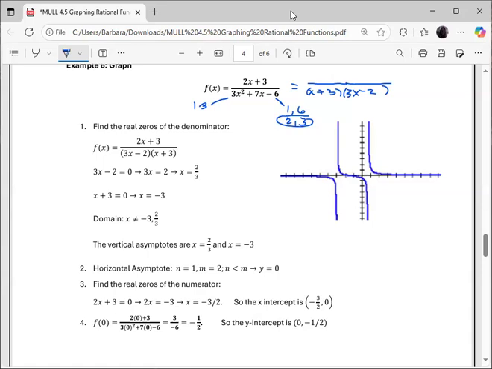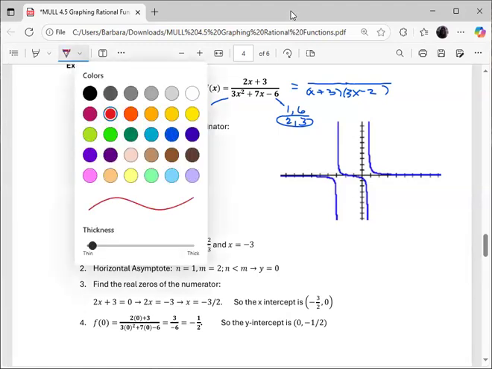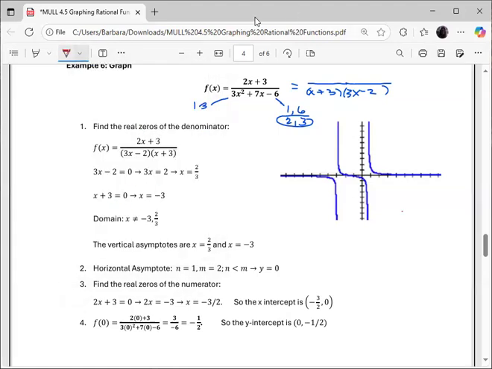The vertical asymptotes are the restrictions on the domain. So x equals 2/3 and x equals -3. I have a picture of my graph over here. I'm going to go ahead and draw those vertical lines.